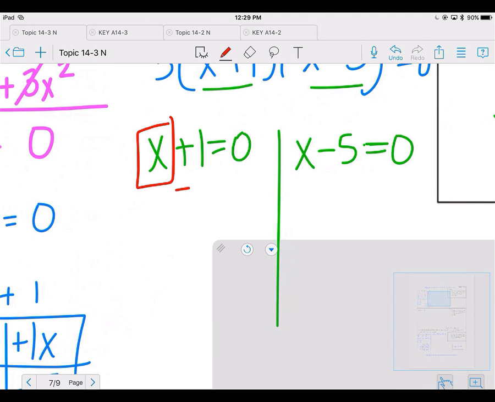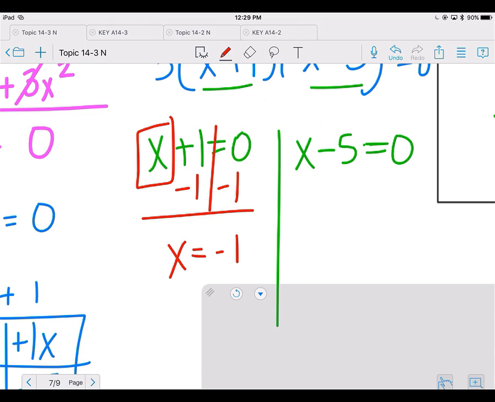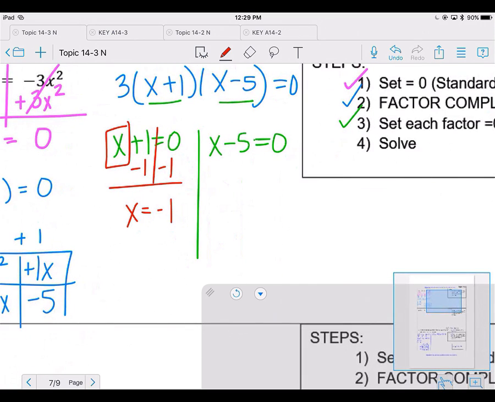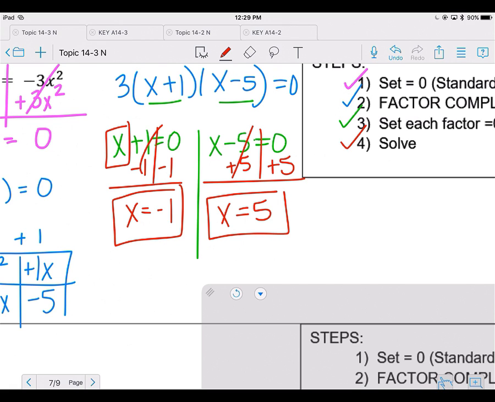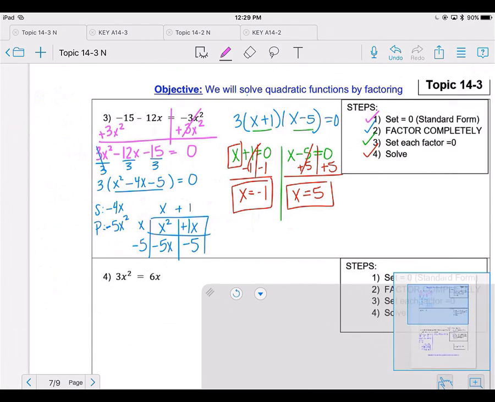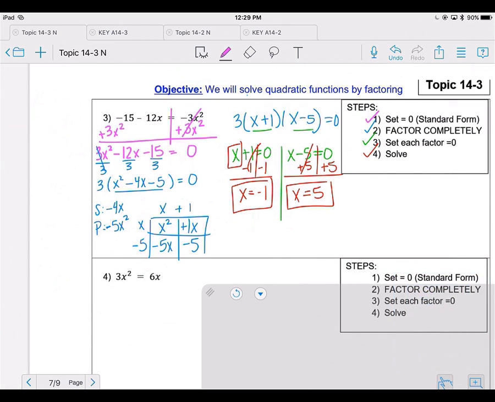So to solve for x, I move 1 to the other side through the opposite operation. And to solve for x, I move 5 to the other side through the opposite operation. And I have completed all of my steps. So as long as you follow these steps in order, do what they say, factor accurately, you'll be good.